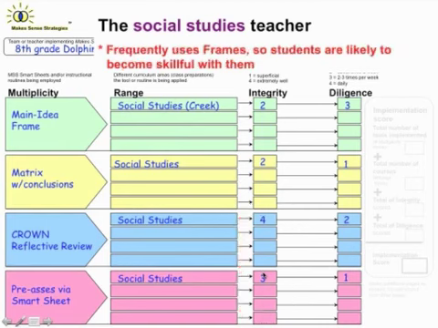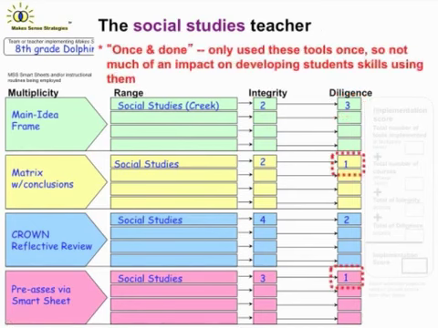This teacher is frequently using the frames, so in terms of diligence, the teacher's using this fairly frequently, 2 or 3 times a week. Because the teacher's using it so often, students are likely to become more skillful using it. In terms of the matrix and the pre-assessing, they only did that once and done, so that's not likely to have a whole lot of impact.